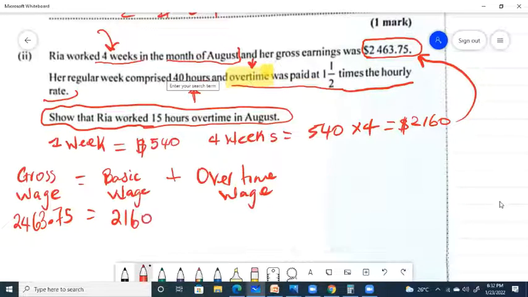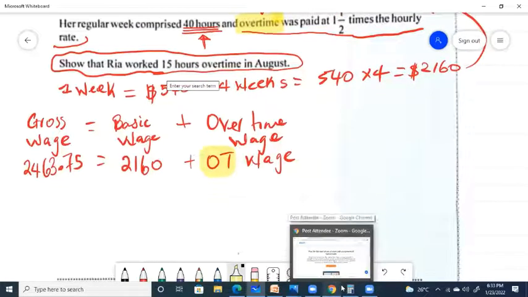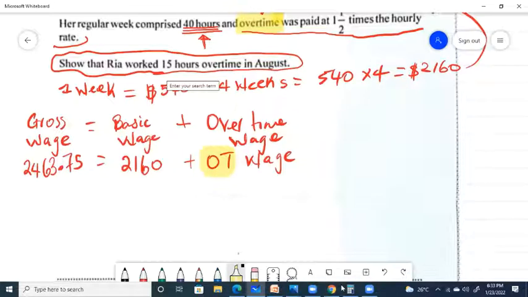So you can see that it's only the overtime, and I'm going to use OT for overtime. Bear with me, OT, I'm referring to overtime there. I am able to see the overtime money if I do some little mathematical calculation, right? So I could just simply subtract 2,160 from both sides.